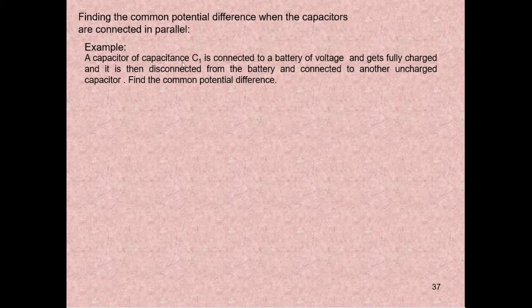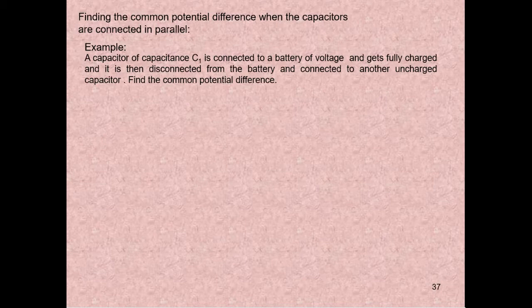So initially there is a capacitor C1. It is charged by a battery of voltage V. Then the battery is disconnected. This capacitor is connected to another capacitor which is uncharged initially, in parallel.